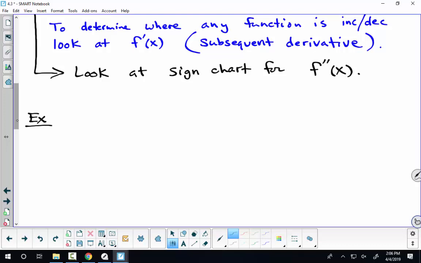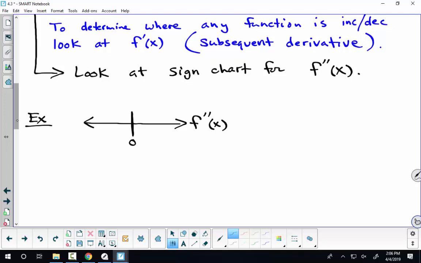So here's a kind of generic example. I'm going to start with my second derivative, and let's just say we have just this one 0 right here, at x equal to 0. So the second derivative is 0 when x is 0.